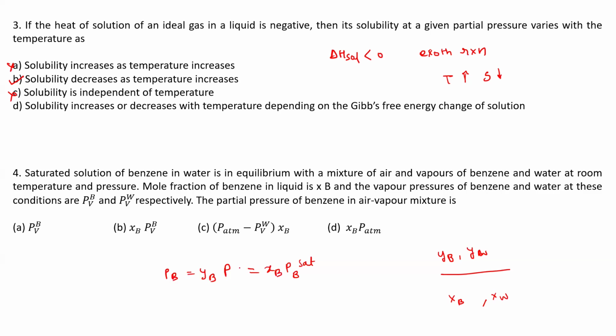This phi_i sat, phi_B, is neglected here. So this is equal to x_B into P vapor. So V is vapor. Okay. Next question.